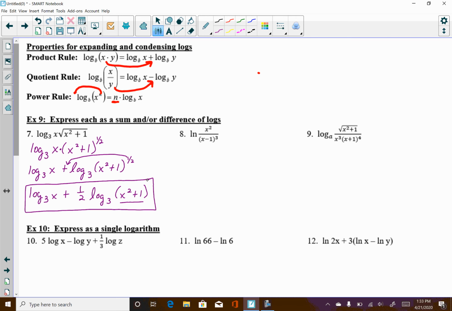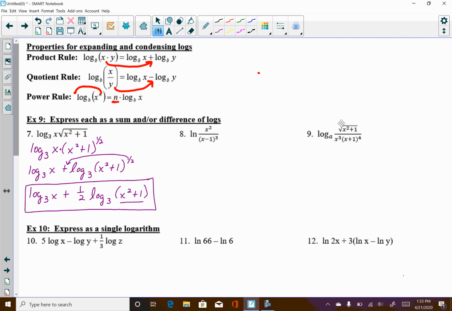Okay, and I'll let you try example 8. I'd like to do example 9 with you because there's a lot going on in that one. Okay, so in example 9, you have log base a of the square root divided by 2 pieces, x cubed times the x plus 1 to the 4th. So first thing I'm going to do is let's think about that top.